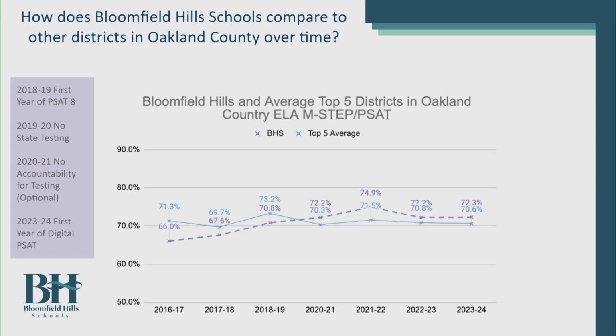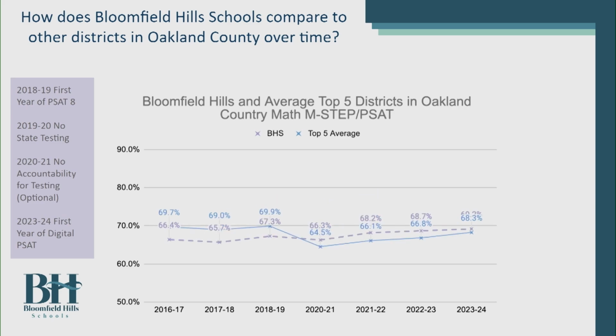Of course, 70% to 72.3% is not a massive difference, but it is showing an upward trend, as this accounts for all the fluctuations in the state testing as well, since we're all experiencing it. So what we feel is that we are doing really well.